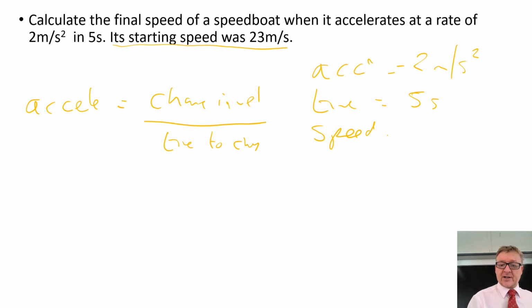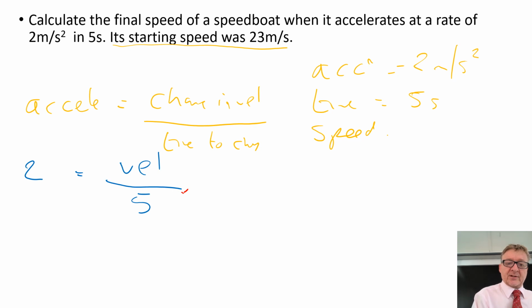Right, substituting our numbers. Acceleration is 2. Change in velocity, we're just going to work out the velocity for this acceleration to start off with, because we haven't got both of the numbers. So velocity divided by the time taken to change, which is 5. Because it's divide on this side, it becomes times on the other, so 5 times 2 equals 10.